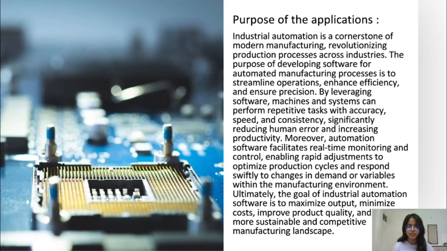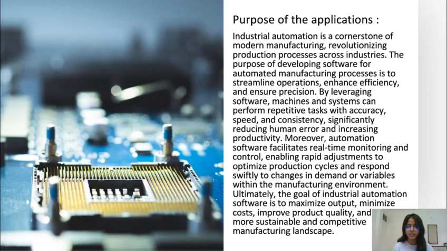By leveraging software, machines and systems can perform repetitive tasks with accuracy, speed, and consistency, significantly reducing human error and increasing productivity. Moreover, automation software facilitates real-time monitoring and control, enabling rapid adjustments to optimize production cycles and respond swiftly to changes in demand or variables within the manufacturing environment.